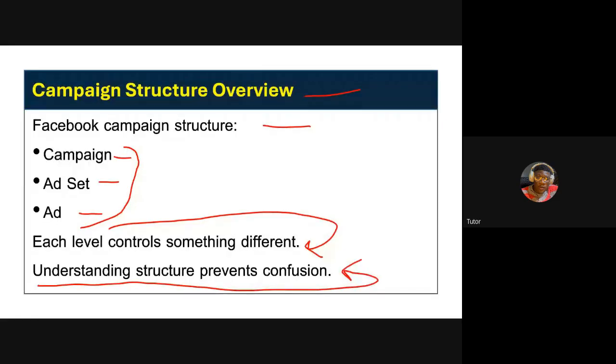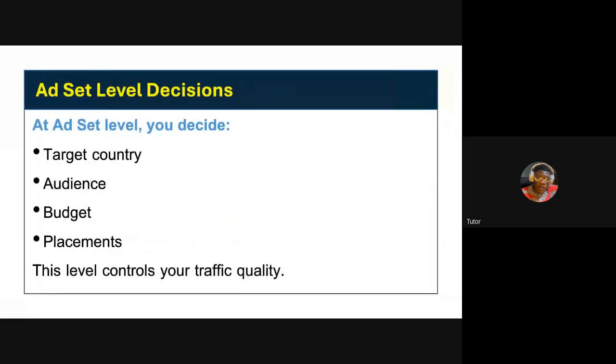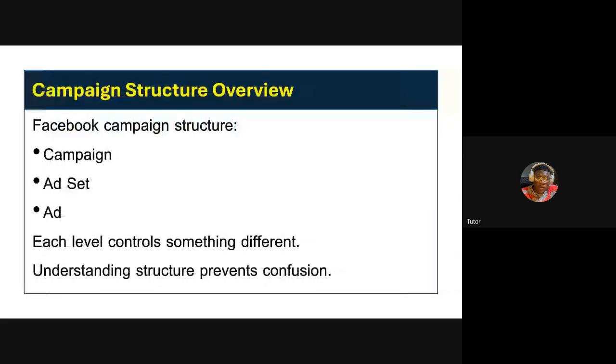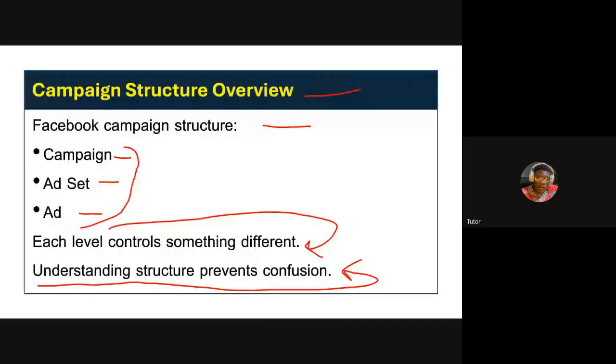So you must understand all of them. If not, you're going to get confused. I'm going to be explaining all of these things one by one so that you understand what they really mean, and also how to go about it.